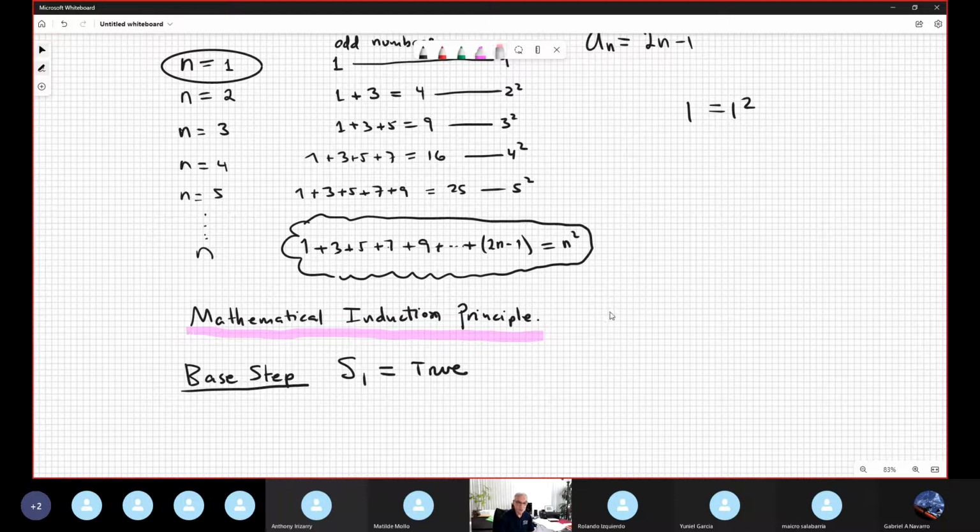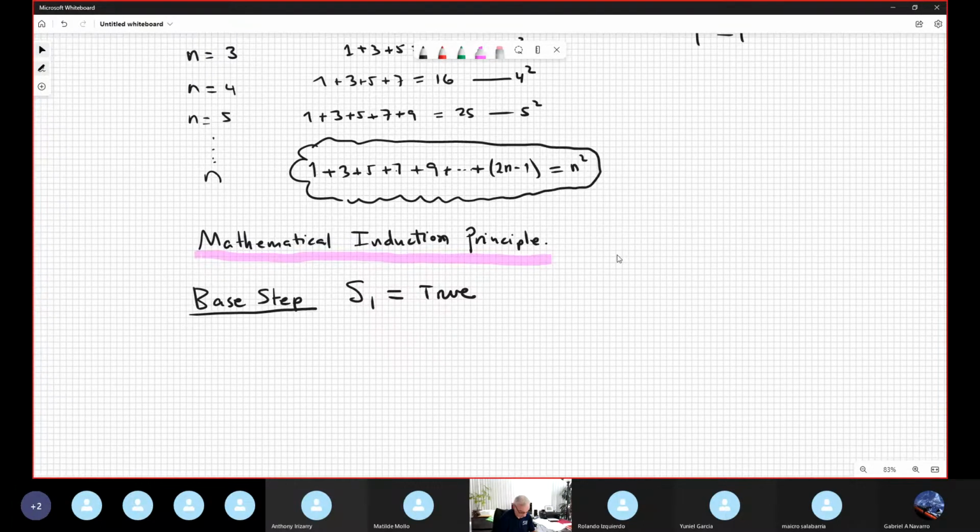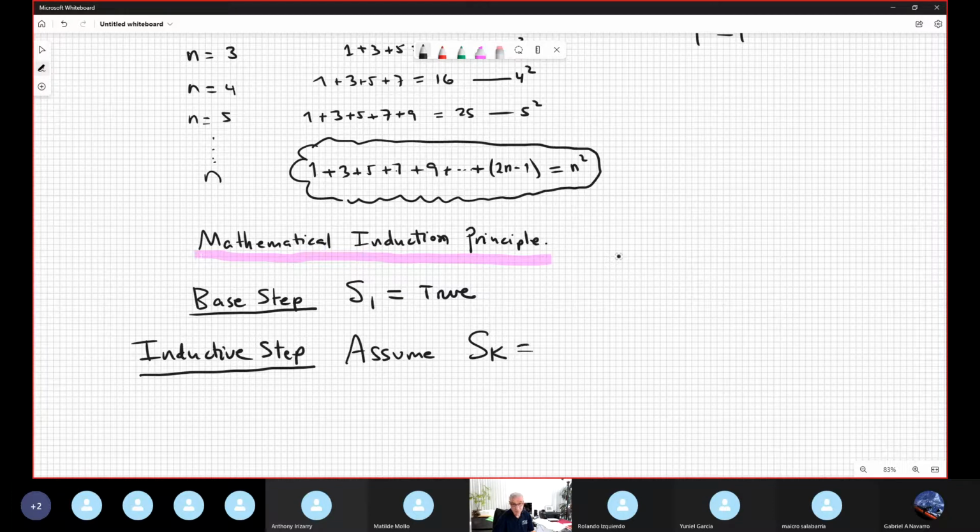Now the most important is the second step, which is the last one: the inductive step. In the inductive step, you assume that A sub k is true. Now who is k?